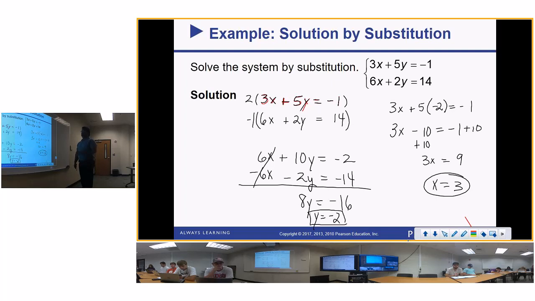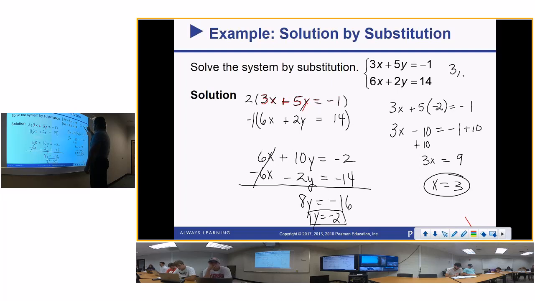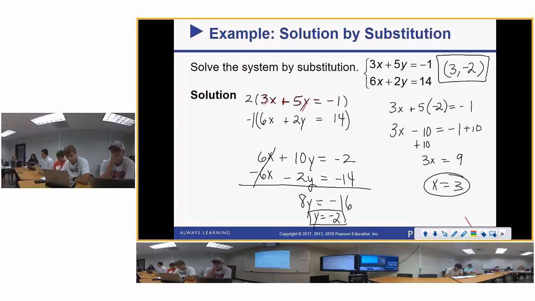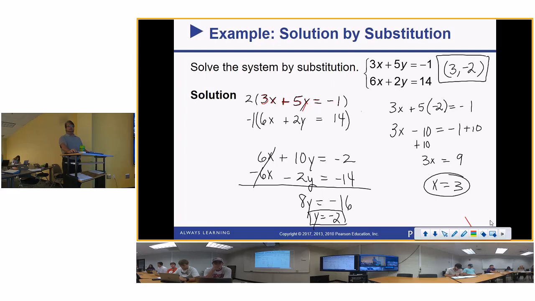So this system of equations intersects at (3, -2). Question. Okay, let me tell you what this looks like.